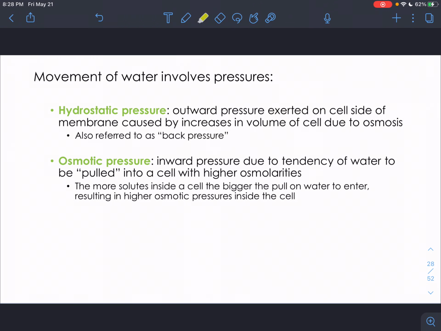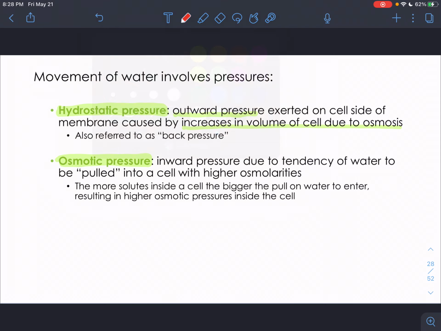The movement of water, don't stress out too much about this, but there are two different pressures that play a force on the movement of water. Hydrostatic pressure is an outward pressure exerted on the cell side of the membrane, caused by increased volume of the cell due to osmosis.